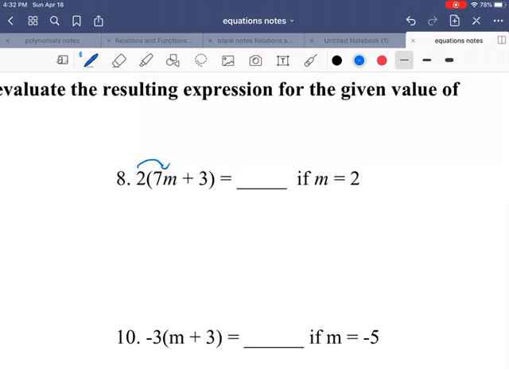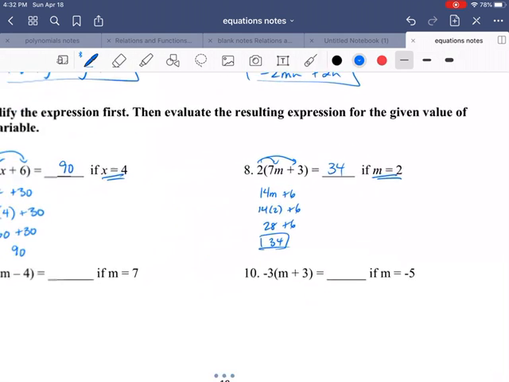So 2 times 7m is 14m, and 2 times positive 3 is positive 6. Again, we're given some information about m, so let's substitute in the value of m into the expression here. So 14 times 2 is 28, and 28 plus 6 is 34, so your answer is 34.